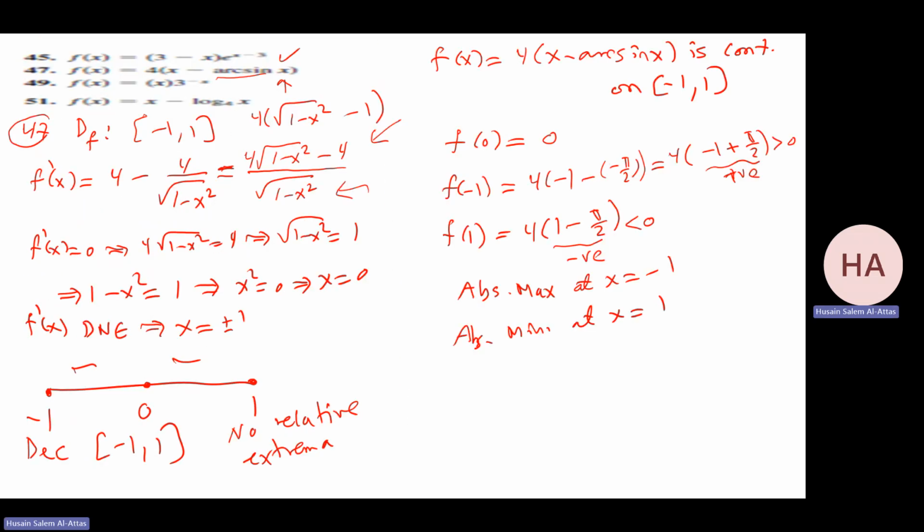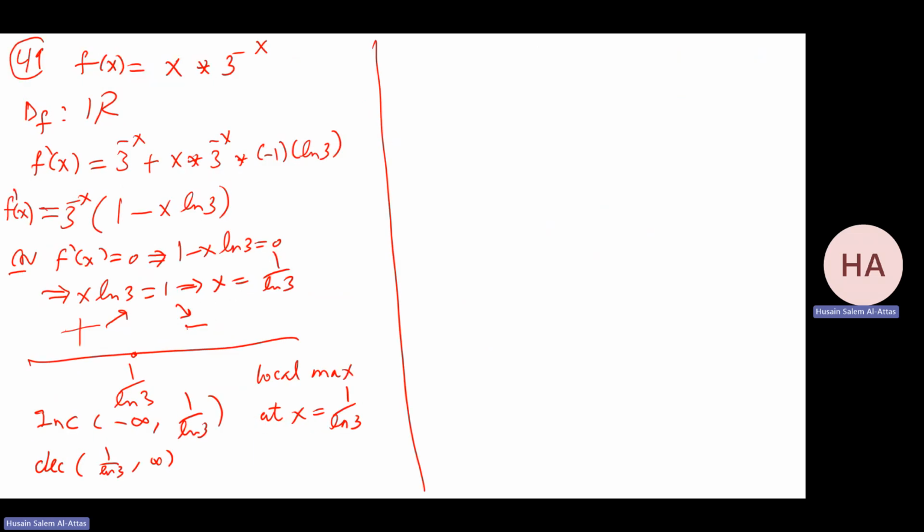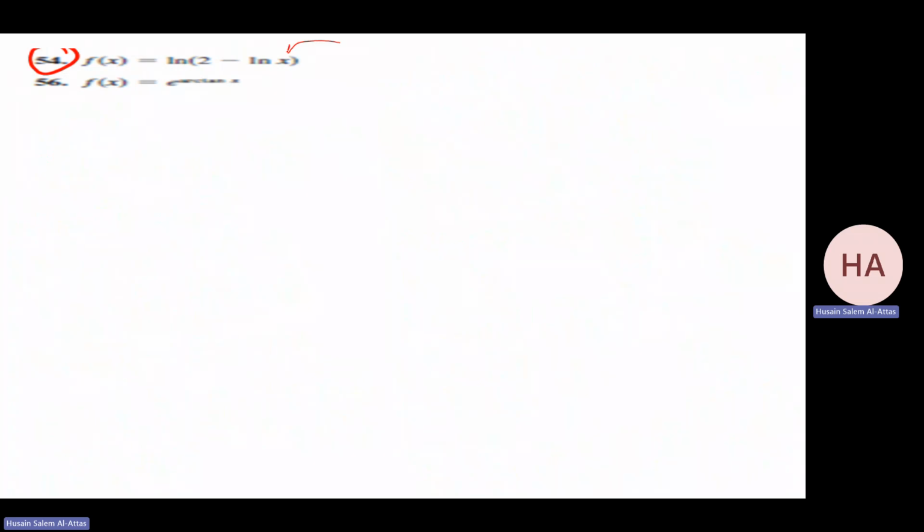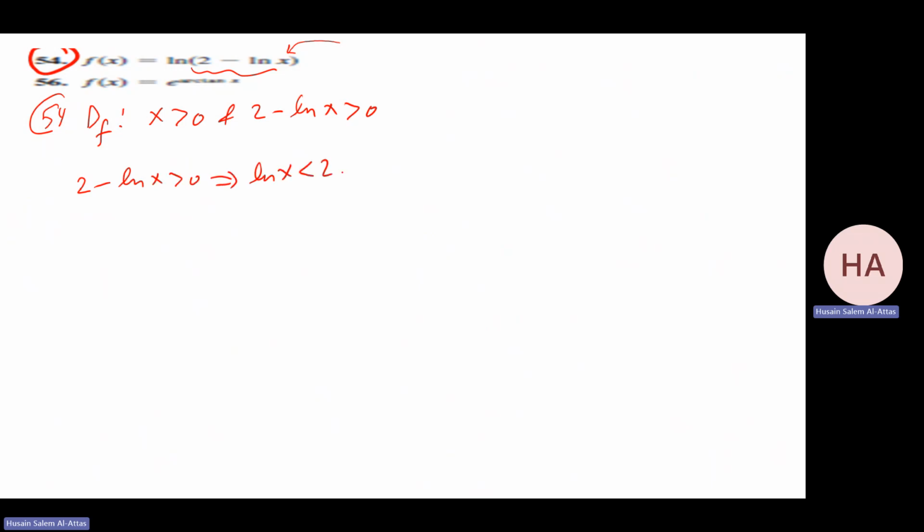As I said, this function has its complexity. I need the domain first. Domain of f: I need x to be positive, and also this argument should be positive. If you solve 2 minus ln x positive, it implies ln x less than 2.